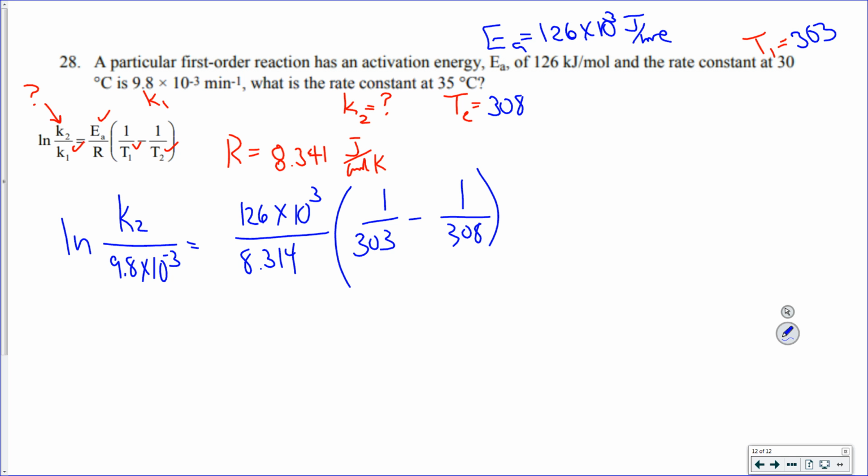All right, play along on your calculator. So everything on the right-hand side is just going to become a number. So I'm going to take 303, inverse, less 308, inverse, get what that is, times 1.26 E to the third, divide it by the value of R, and everything on the right-hand side is 0.811 with an insignificant 9.